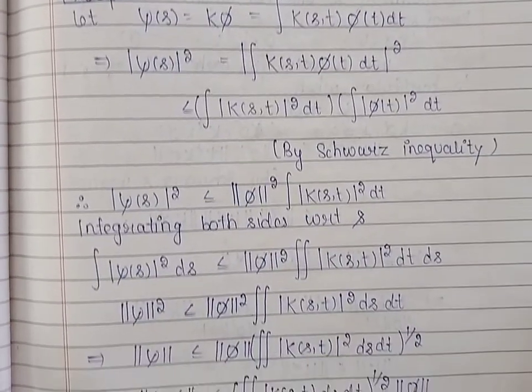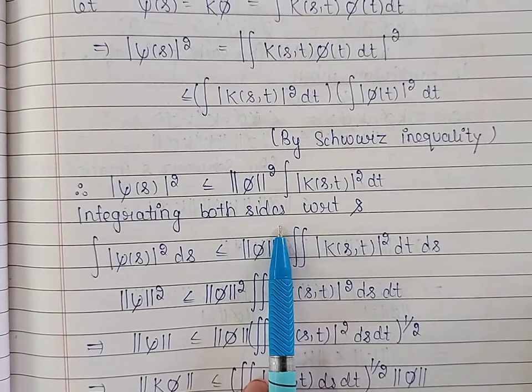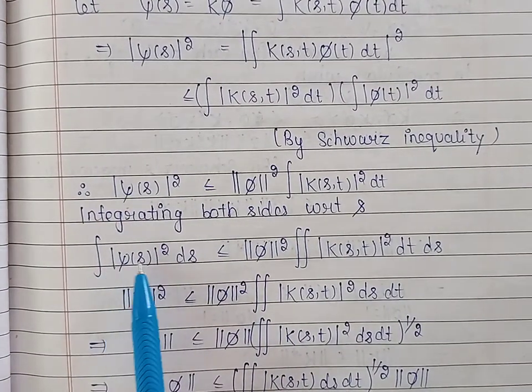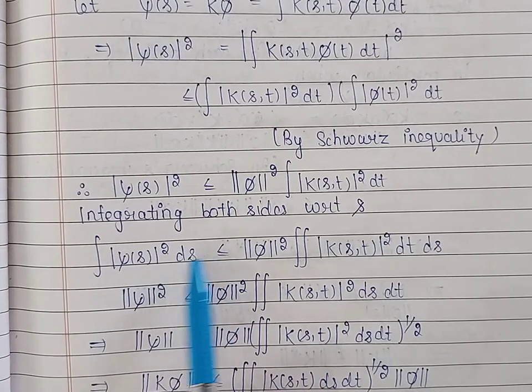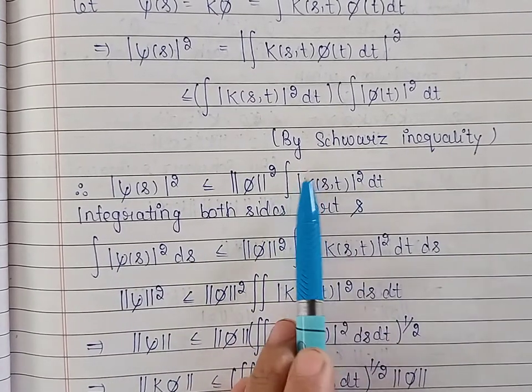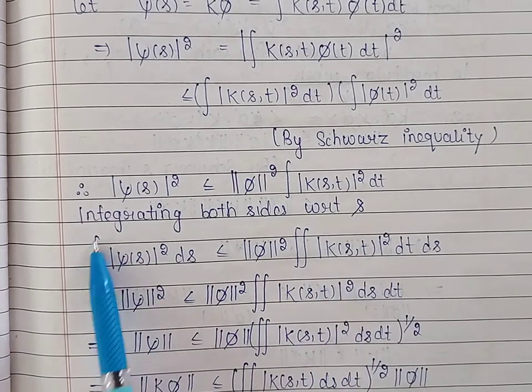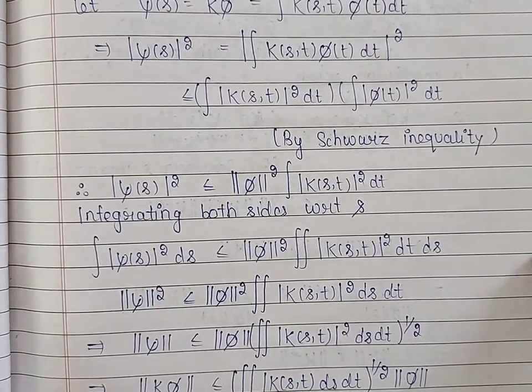Now integrating both sides with respect to s, we get the integral of |psi|^2 ds, and this term will become this. Now the left side is the norm of psi squared.